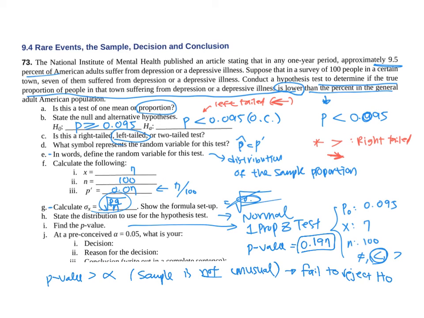H0. And that means failing to support H0 automatically means failing to support the opposite, which is HA, which is the claim. So my final conclusion is, I'm not going to write it, okay, maybe I'm going to write it: we don't have sufficient evidence to support the claim.